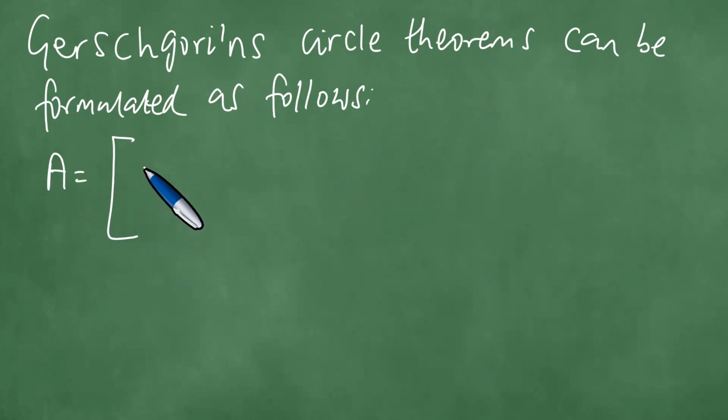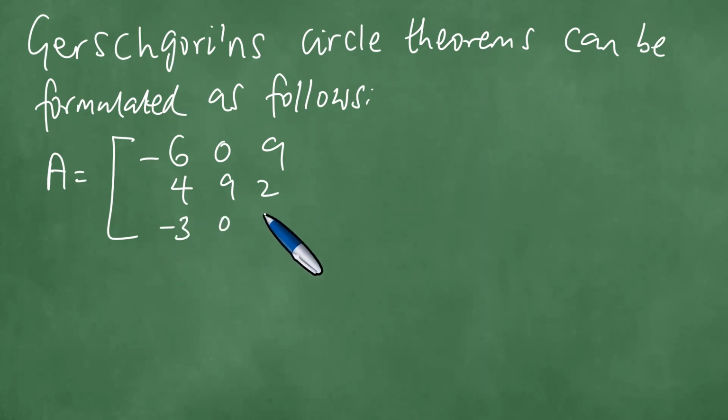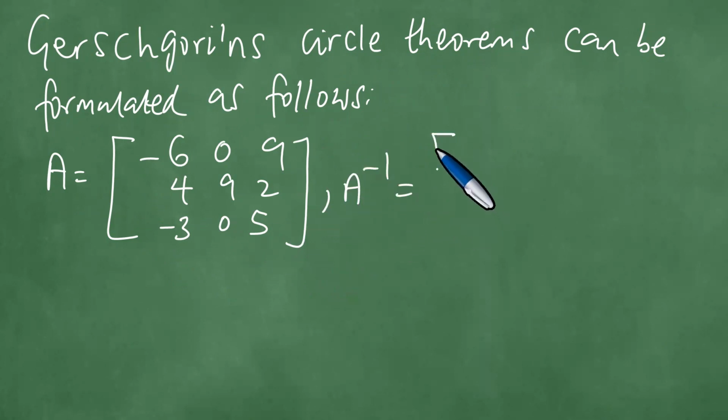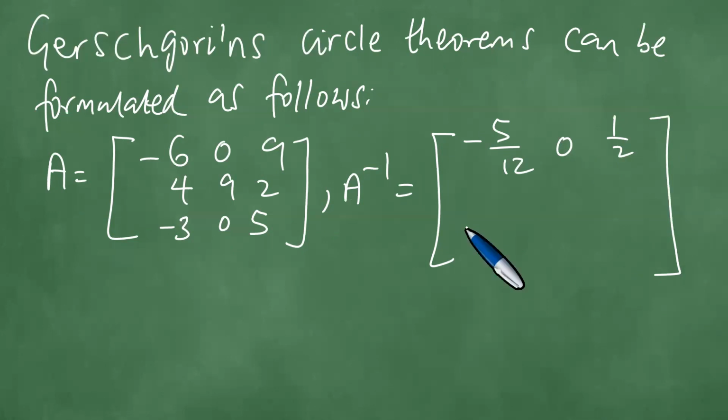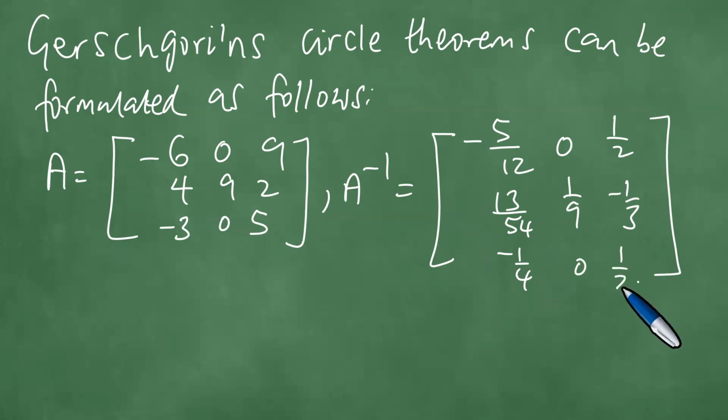So we have the matrix A: 4, 9, 2, twelve, 0, 1 out of 2, 13 out of 54, 1 out of 9, minus 1/3, minus 1/4, 0, and 1/2.